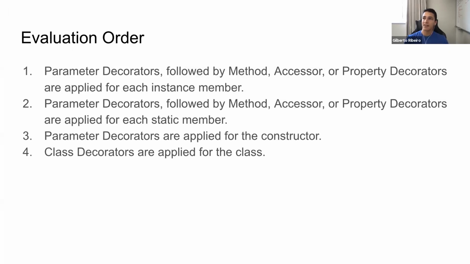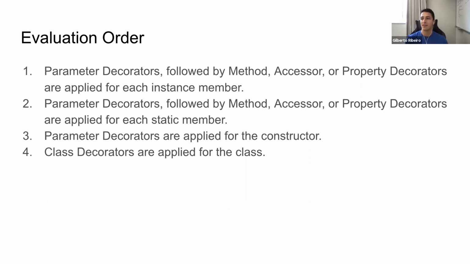The order is not an obvious hint for that, but you can always look at the docs from the TypeScript decorators. This is the right order. It starts from the parameter decorators, method, accessor, and property, for each instance first, and then the same pattern for the static members.